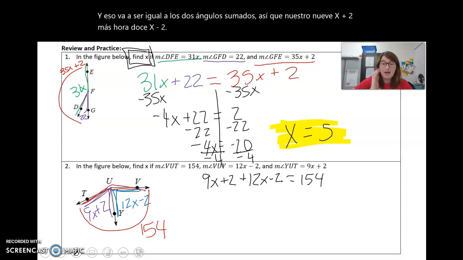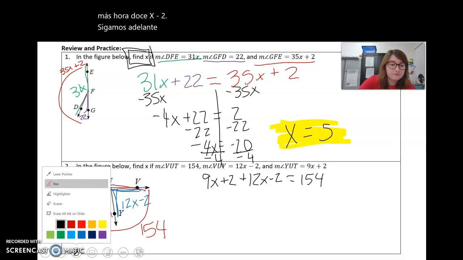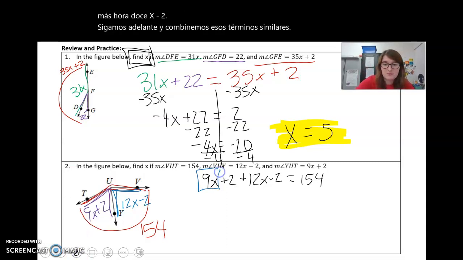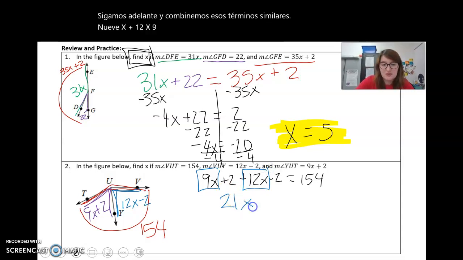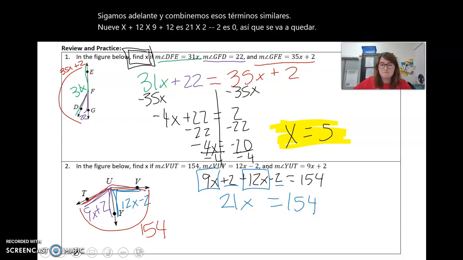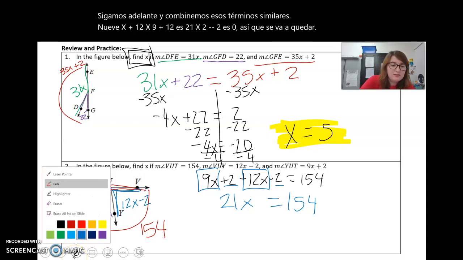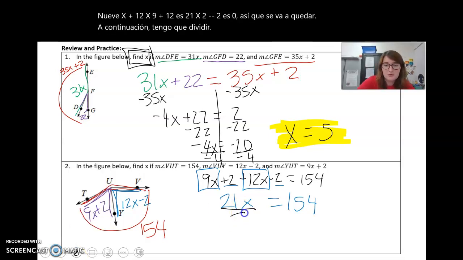Let's go ahead and combine those like terms. 9x plus 12x, 9 plus 12 is 21x. 2 minus 2 is 0, so it's just going to stay. Next, I've got to divide by 21.